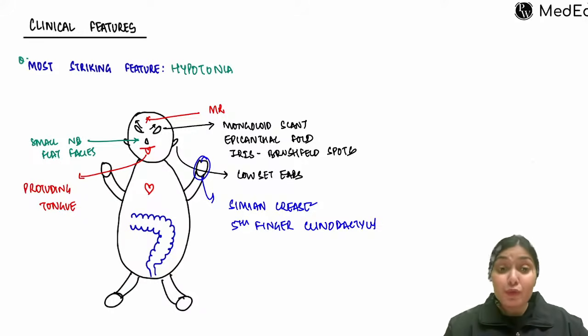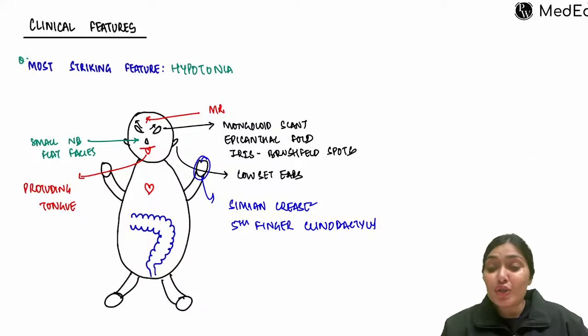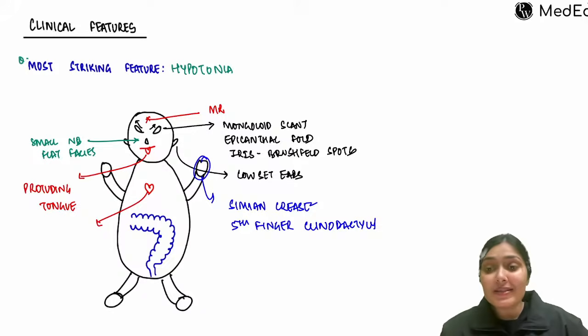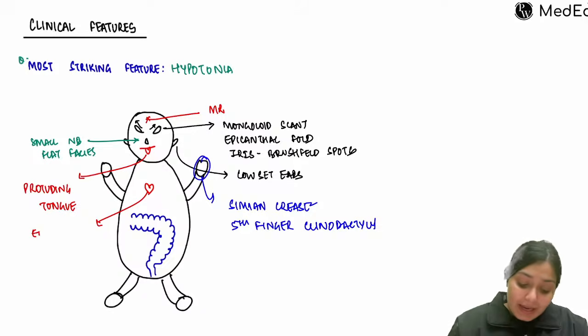Right, now let's move to the heart. What are the congenital heart diseases that we see in Down syndrome? The most common congenital heart disease in Down syndrome is endocardial cushion defects.